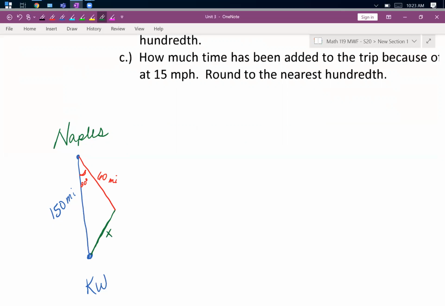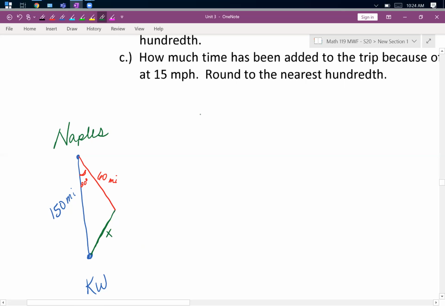Okay. Suggestions? Could you plug it in to the law of cosines and solve for a squared? Right, we can find our x because we have two sides and an angle. So if you're given two sides and an angle or three sides, the law of cosines is what you want to use.